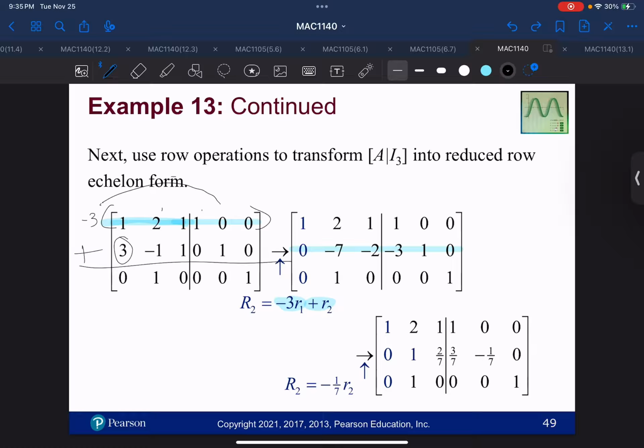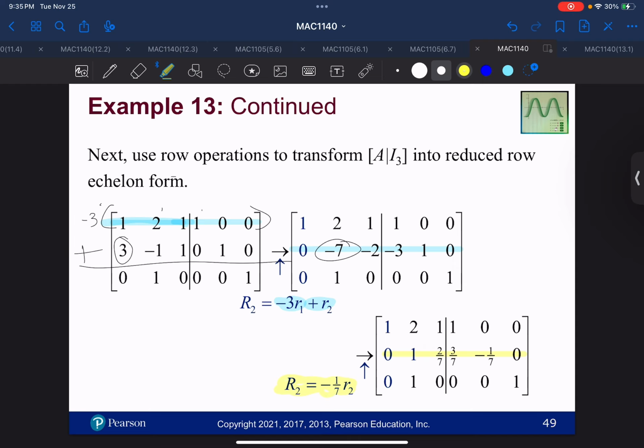Okay, so we got all the entries below the first one to be 0 here. So far so good. Now we will divide the second row by negative 7 in order to get that first entry to equal 1. So this is dividing the entire row 2 by negative 7.